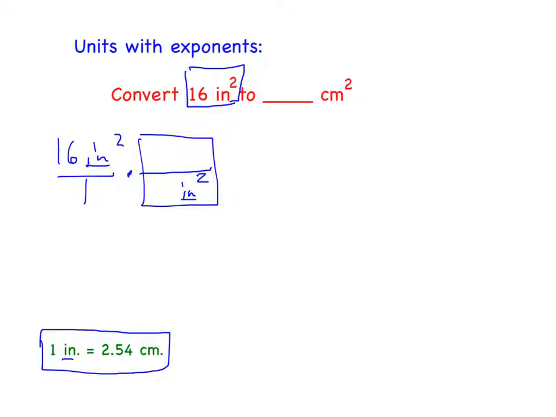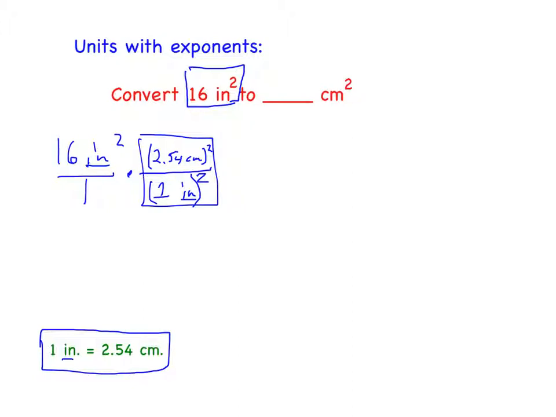Okay, so what we're going to do then is we're going to go ahead and put our 1 inch in here, and then in parentheses say that we're going to square that. And then on top, we're going to put our 2.54 centimeters, and we have to square that too. Since we squared the one on the bottom, you have to square the one on the top.